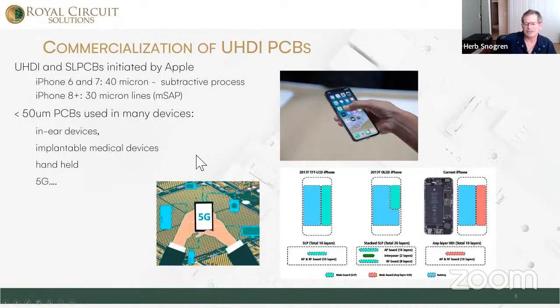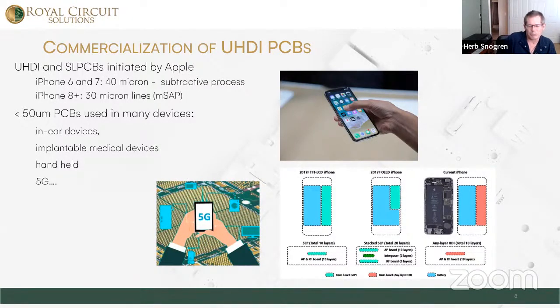So how did this all come about? Why did ultra-HDI PCBs become so commercialized? And we can really blame Apple for that. They wanted to pack more power into their device and keep it small. So they pushed their suppliers in Asia to start developing processes that would allow them to use finer pitched devices on their motherboards.